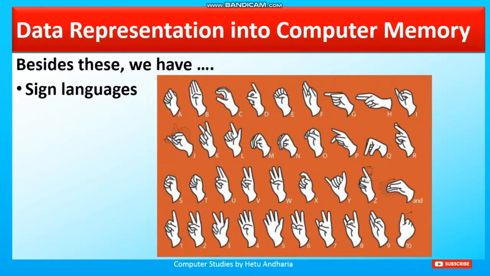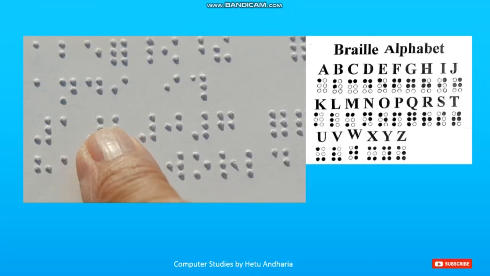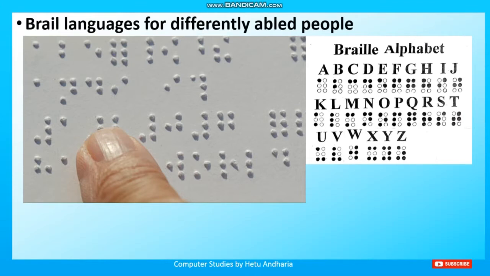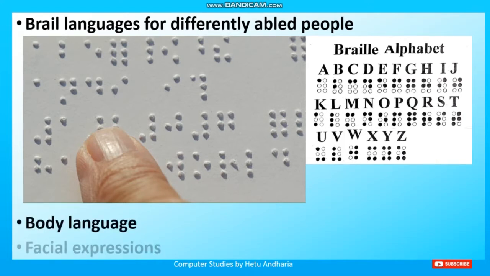Here, in the picture you can see, by making different signs using our hands, different alphabets could be represented. Then another thing, braille language is used for differently abled people, right? Then body language is there, or with the help of facial expressions also you can express anything. A smile can say more than 100 words, right?